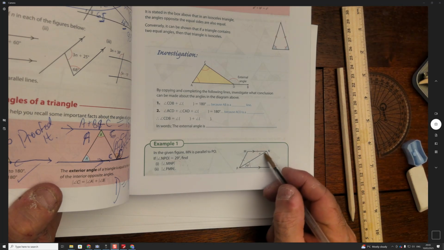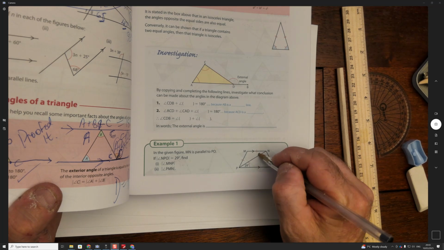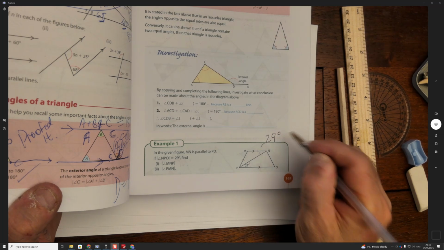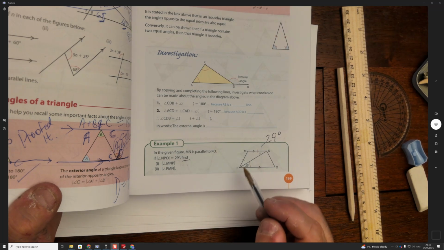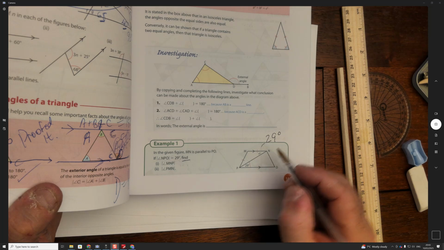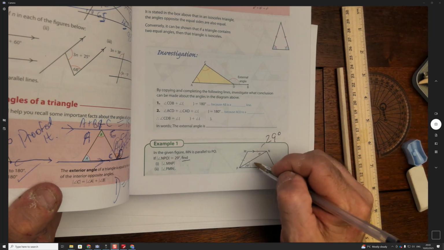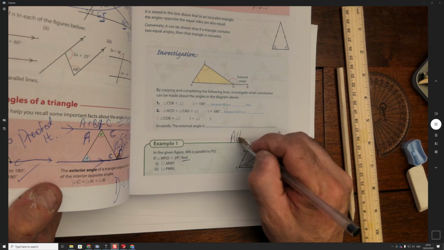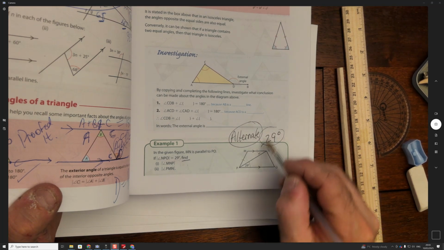This is a transversal, and therefore if there's 29 here, there's 29 here. We didn't have to find it, we had to write it down because it was already given to us. So 29 degrees, and our justification here is that they are alternate angles.